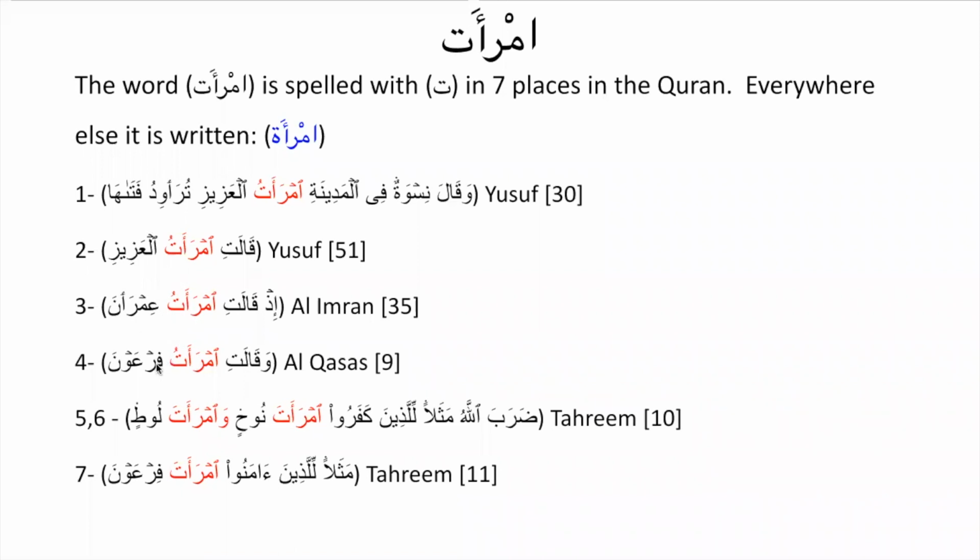Here it's mudaf to Fir'aun, to Nuh, to Lut, to Fir'aun again. Whenever it's not mudaf to a husband, then it's spelled with a regular ta marbuta. So for example in Surah Nisa, وَإِنِ امْرَأَةٌ خَافَتْ مِنْ بَعْلِهَا. So in that case it's not mudaf, so it's written with a ta marbuta.